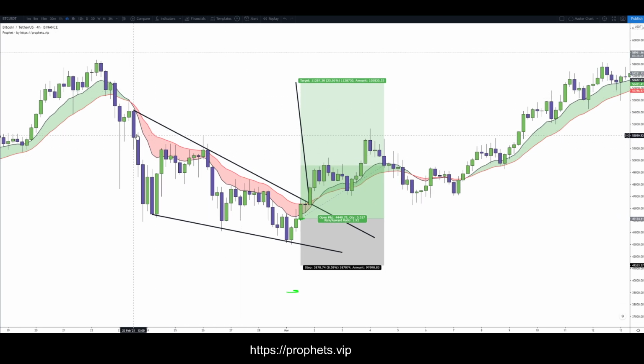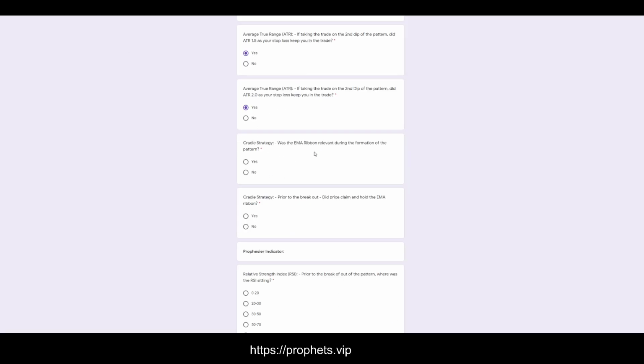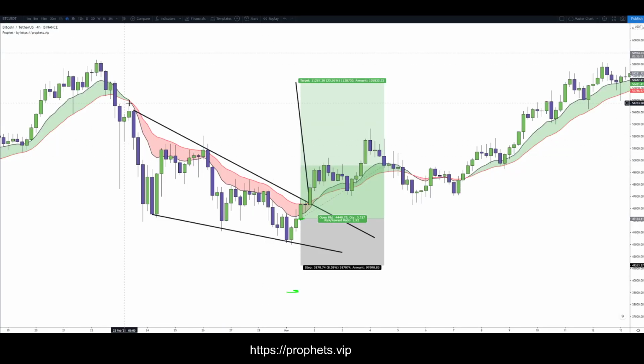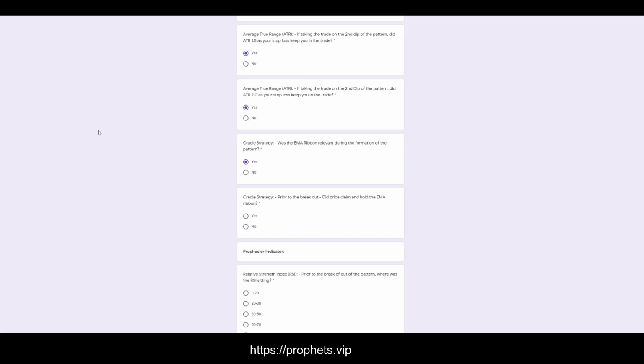So it was resistance. If you shorted it, right, and then became support. Not relevant, not really relevant, not really relevant, support. So the question is, was the EMA ribbon relevant during the formation of the pattern? We're going to say yes, because that was resistance, right? Came back into it once, came back into it twice, third time, finally got above and flipped.